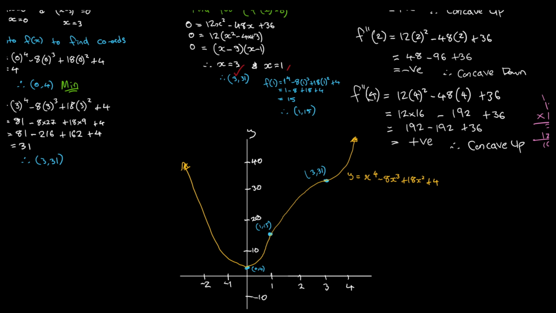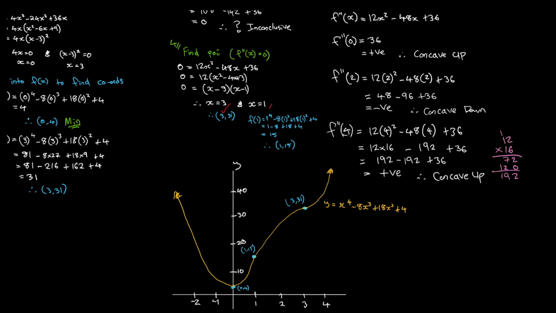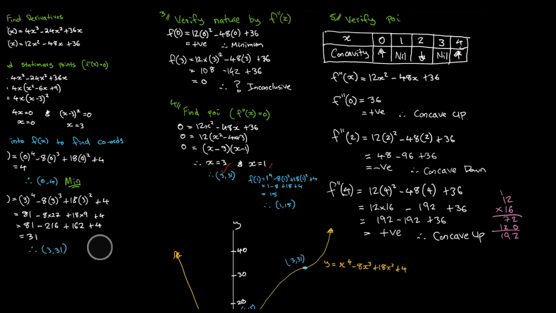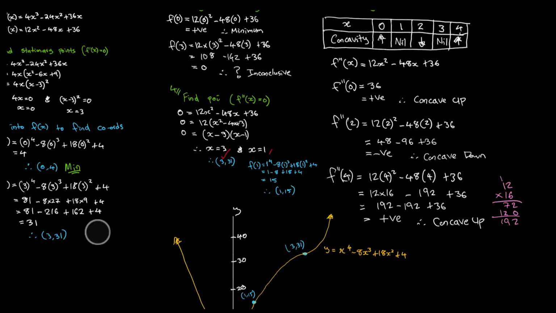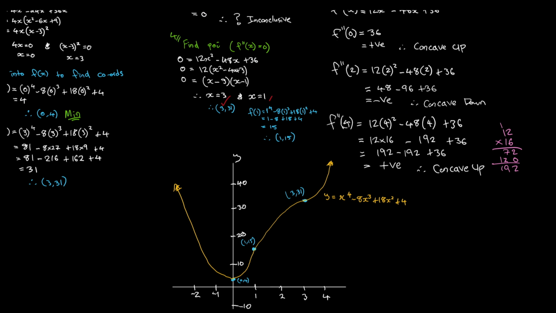Just so we can verify some stuff with our concavity table here, at x equals 0 it was concave up, and at x equals 1 it was a point of inflection. So this here is all concave up. If we go over it in a different color, we can see that just that pink section there is concave up, like a skate ramp that's concaving up.